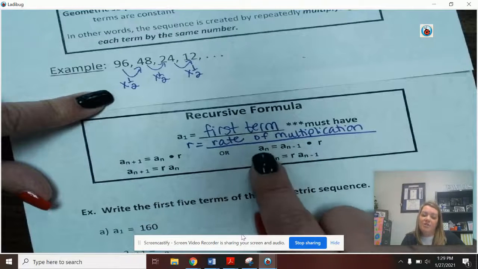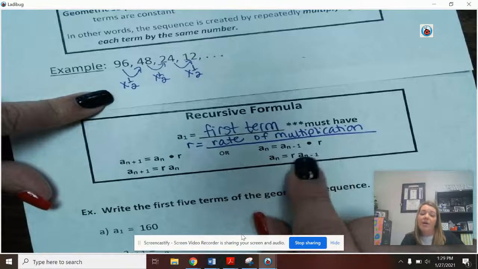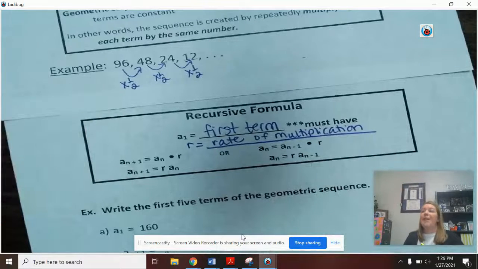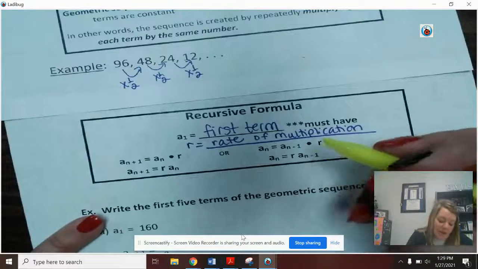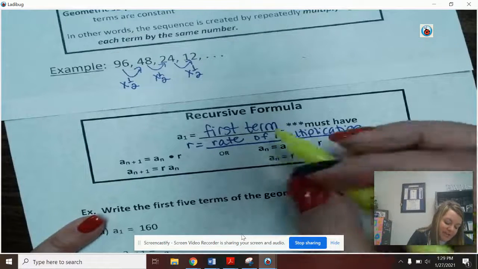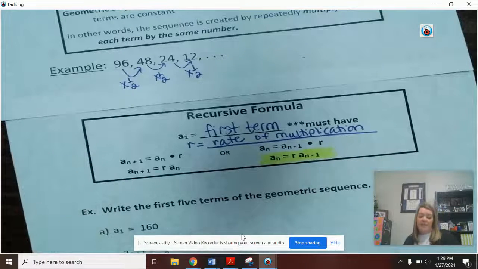Then the other version is A sub n equals A sub n minus 1 times R, or R times A sub n minus 1. Again, I kind of prefer that one because I think it's easier to see it. So I will tend to use this one right here most often, but they all mean the same thing. It's not like you have to pick one of them at a certain time because they're all going to do the same thing and mean the same thing.